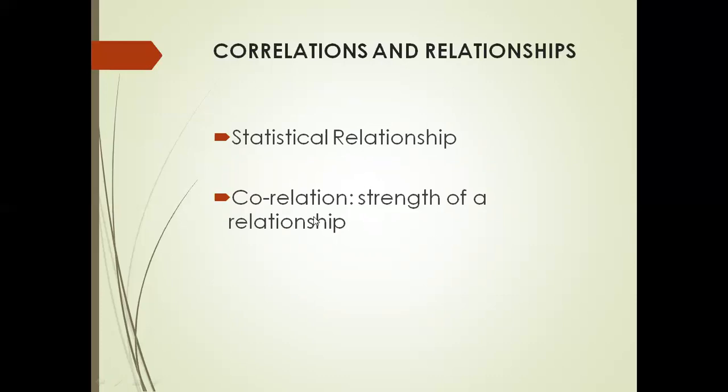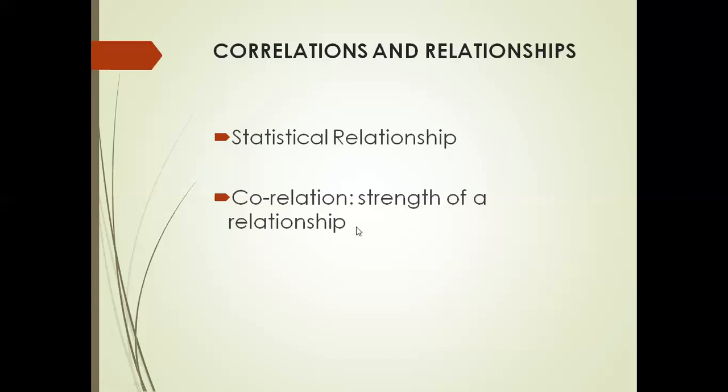Understood? So next is correlation. What do we mean by correlation? In the correlation part, we are going to check the strength of a relationship. The strength of a relationship, that is the strength of a correlation, is a quantitative measure that is measured in a normalized range between 0 and 1.